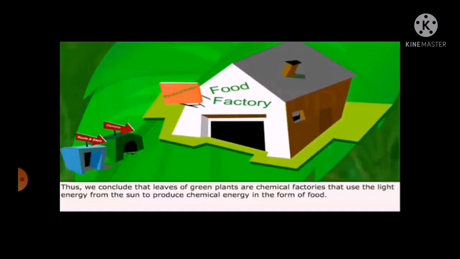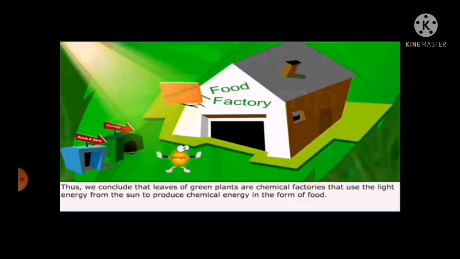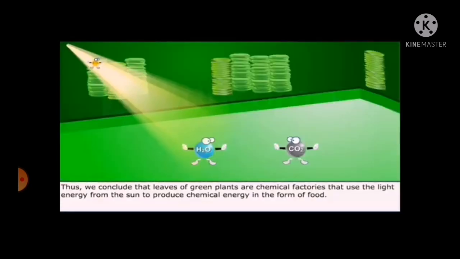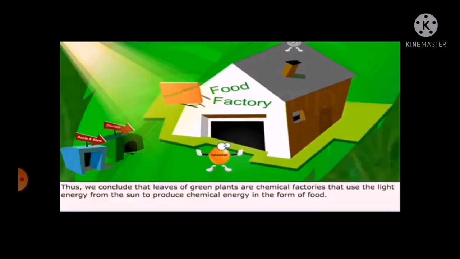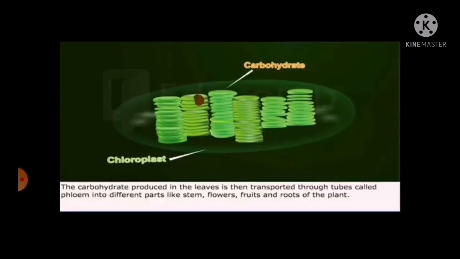Thus, we conclude that the leaves of green plants are chemical factories that use the light energy from the sun to produce chemical energy in the form of food. Water and carbon dioxide react to form oxygen and carbohydrate. That is happening in the food factory, that is in the plants, in the leaves.